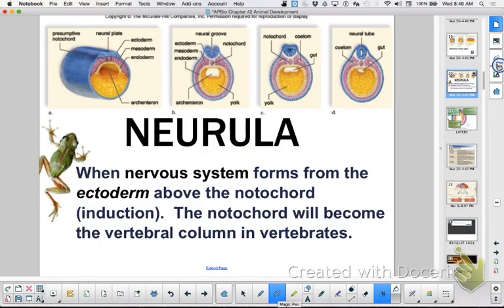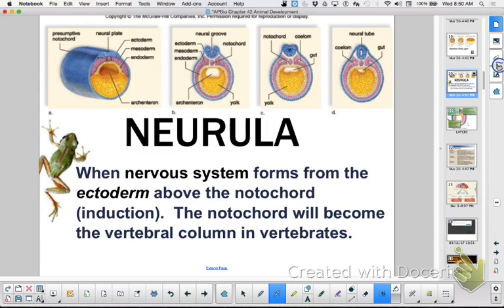The anterior end will become the brain. The rest will become the spinal cord. Okay, in B, it was induced to form by the notochord. And the notochord will become the vertebral column in vertebrates.